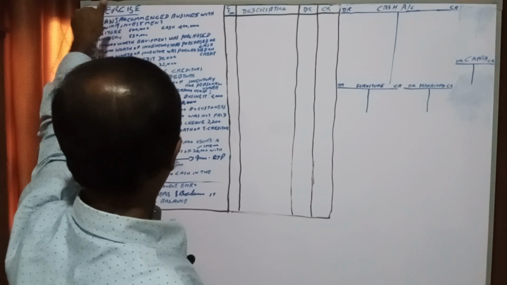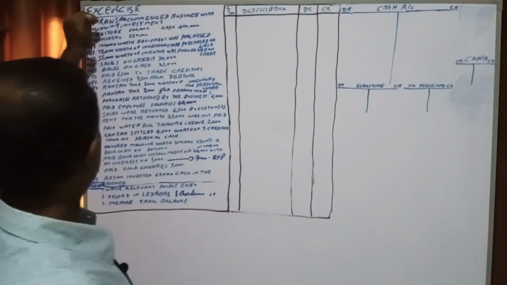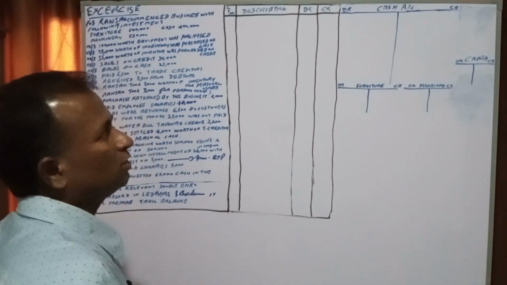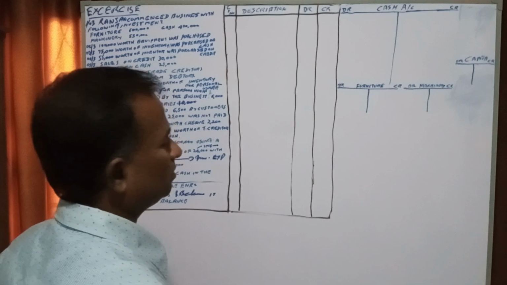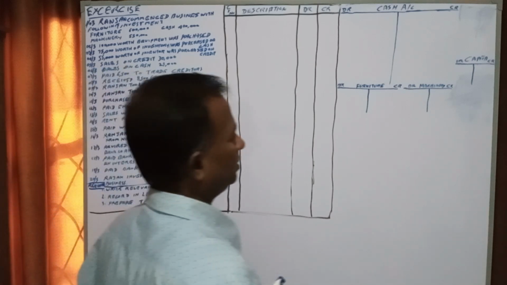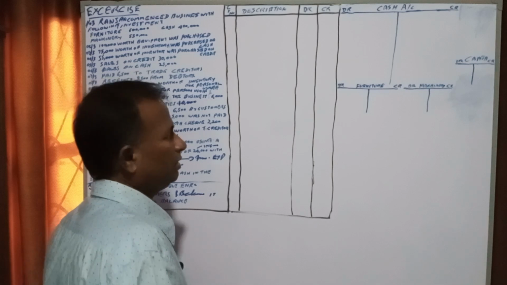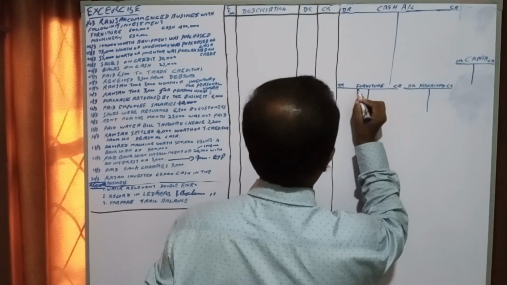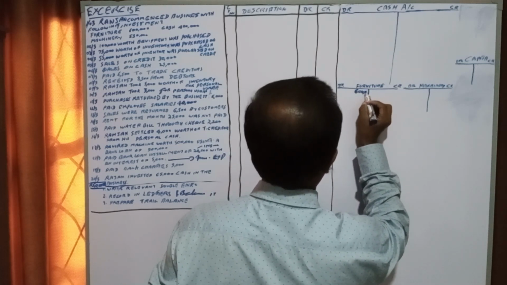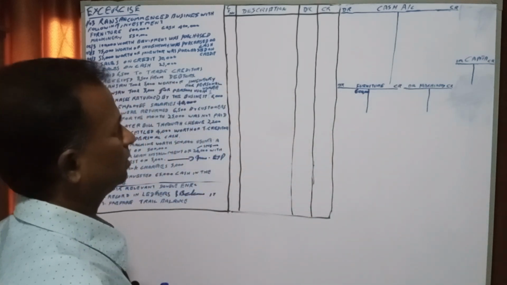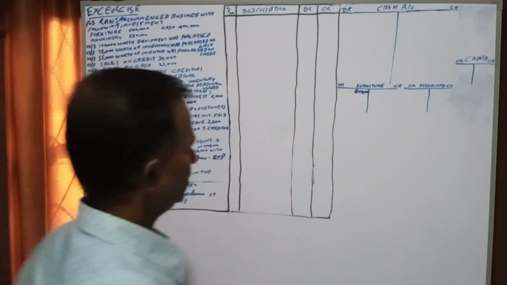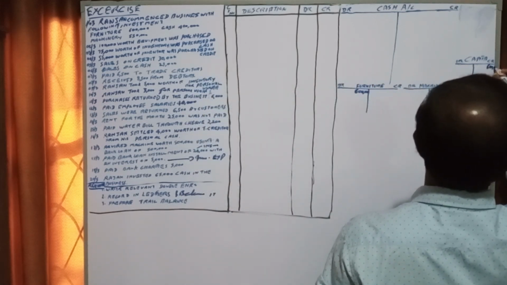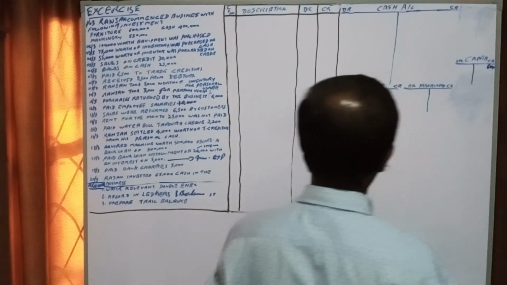On 1st of March, Ranjan commenced the business with the following investment: furniture 600,000. He is bringing 600,000 worth of furniture. As we said earlier, go through the double entry. Furniture account debit 600,000, right? Capital account credit 600,000.